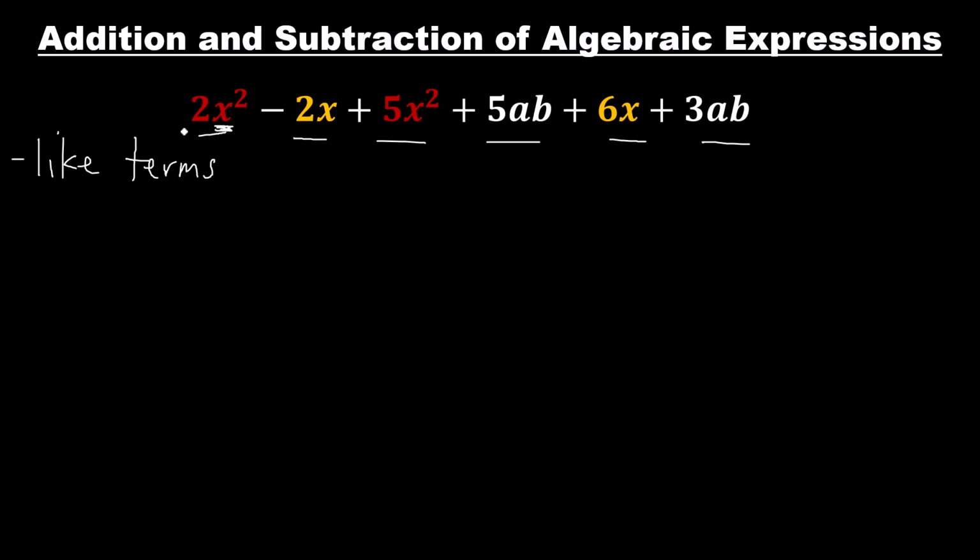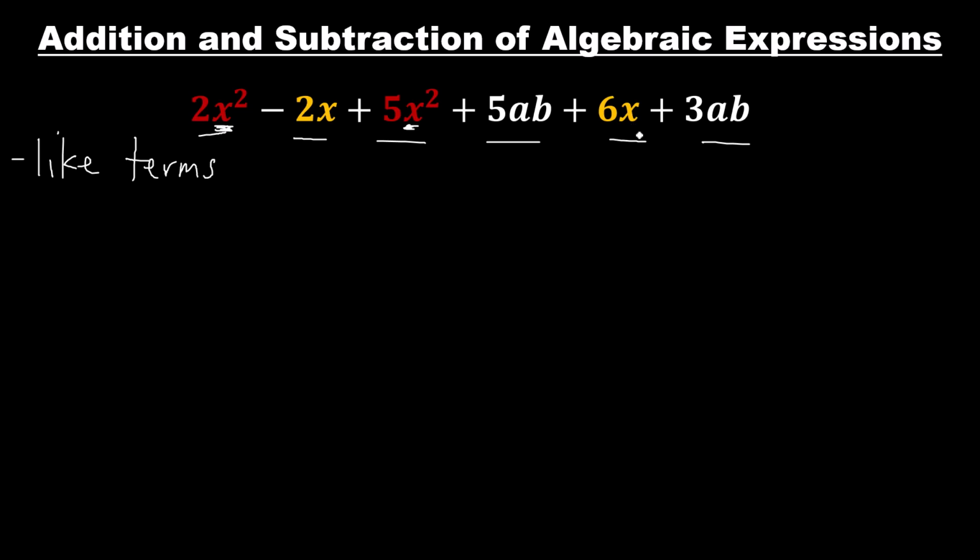So for example, in this algebraic expression, you have 2x squared here. The variable x squared in 2x squared is the same as the variable over here, x squared in 5x squared. So that means 2x squared and 5x squared are like terms. The same thing applies to this one, 2x and 6x.